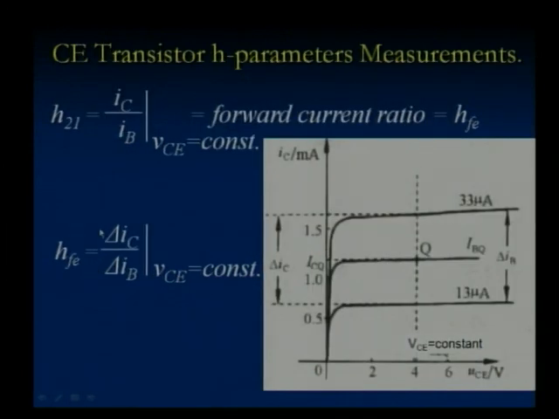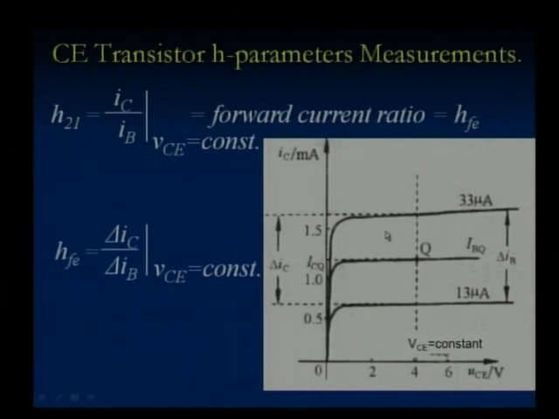The next, H21 or HFE, forward current ratio. As we can see, it is the ratio of change in collector current to base current when the output is constant. So HFE, delta IC, change in collector current to the change in base current when the output VCE is kept constant. So for that we can use these characteristics: IC, that gives us delta IC. You can say this is the output characteristics of a typical common emitter circuit.